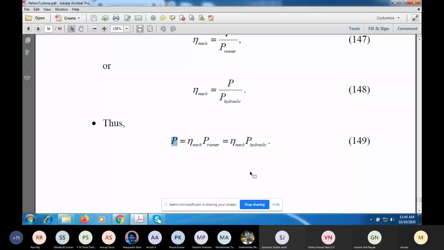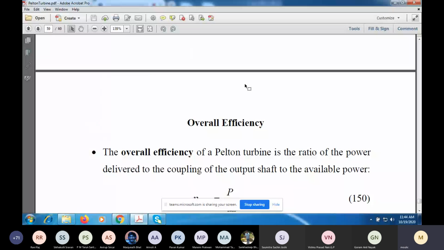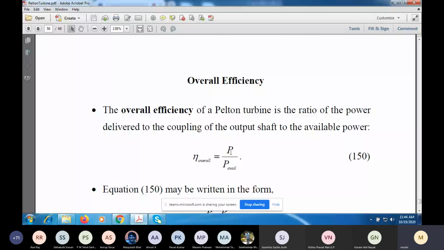Now what you can do is find an overall efficiency, which is the power delivered to the coupling divided by the available power. The available power means the power which is available at the base of the nozzle, because the nozzle is part of the turbine system. So we want to know how much of the power that was available at the base of the nozzle is actually converted to power at the output shaft of the turbine.